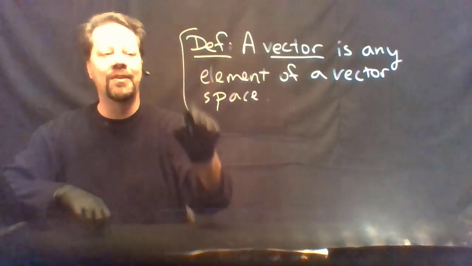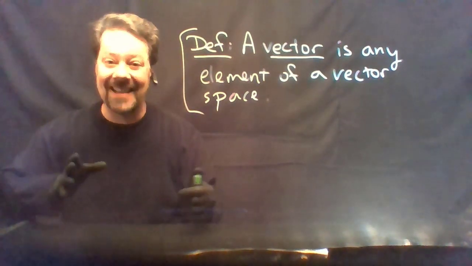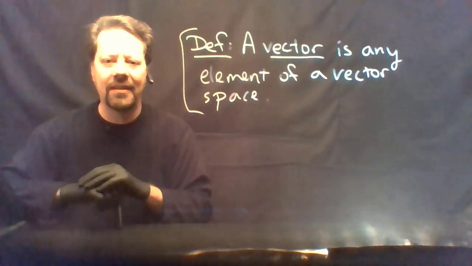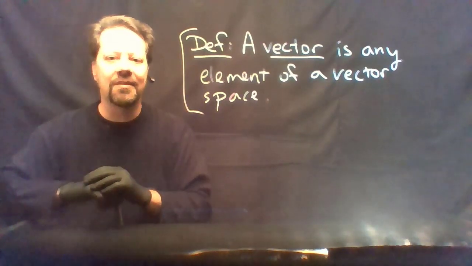Okay, well, I know that's not very satisfactory either because I haven't told you what a vector space is yet. But keep in mind, what is a vector? A vector is just an element lying in some larger set, a collection of vectors called a vector space.